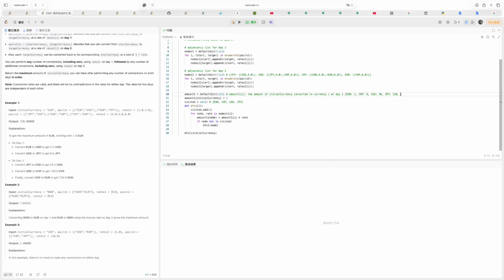Okay, so now we'll have... I think maybe this should only be added in the visit, like after checking if it's visited, because we don't want USD to be modified again.